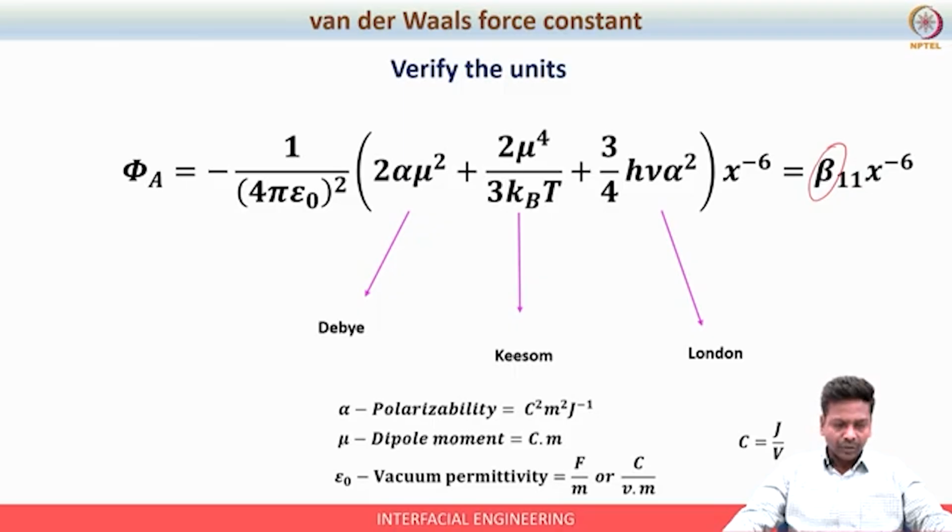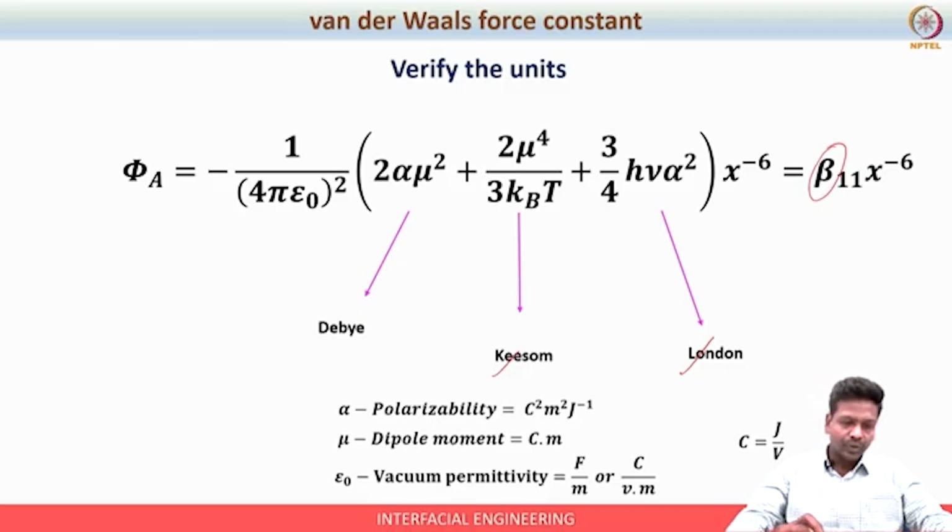In this case, we have three terms within this bracket: Debye, Keesom and London dispersion force. It is important for us to check that each term will have a unit of joule meter power 6, so that ultimately one would have the total energy as joule.